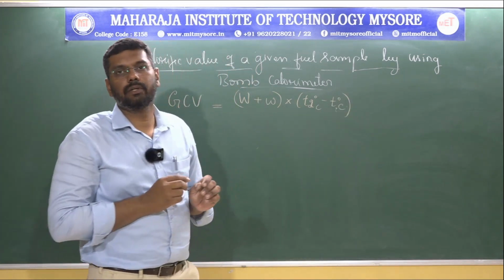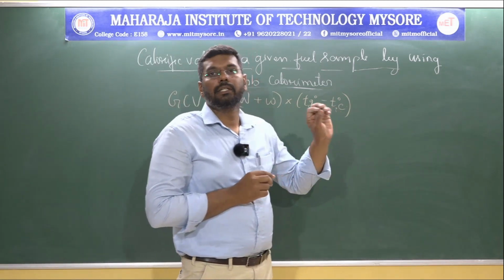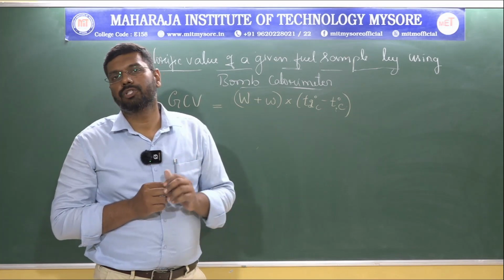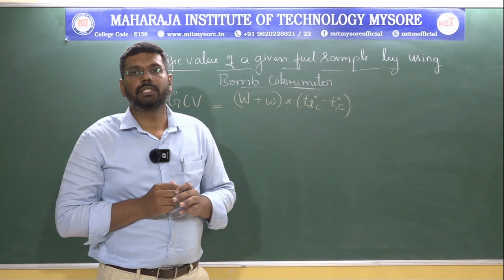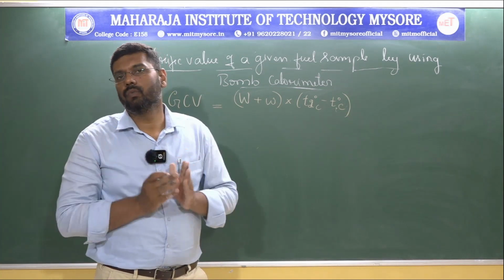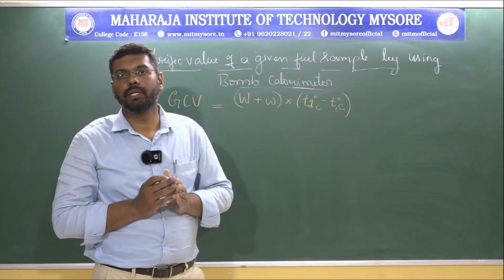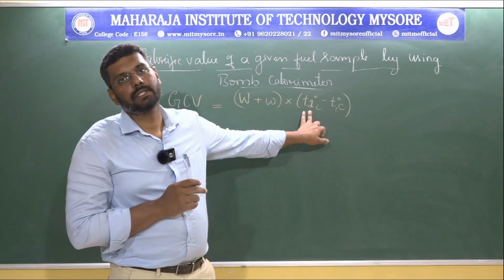As I explained during the construction and working, T2 is the final temperature: after complete combustion of the fuel, the generated heat is transferred to the water body, and the final rise in the temperature of the water body is noted down. We consider this as T2 degree centigrade.